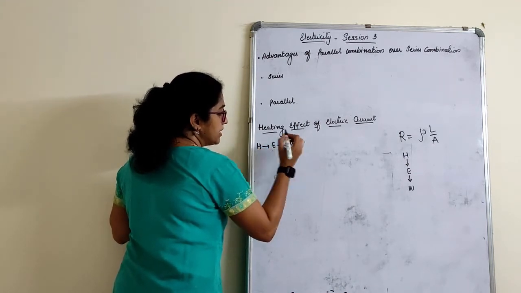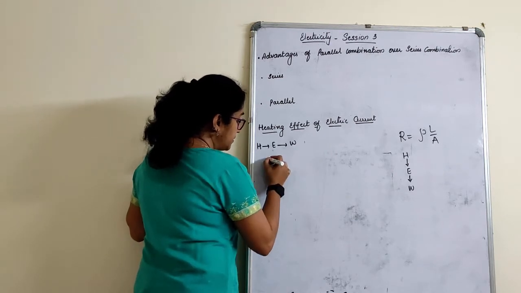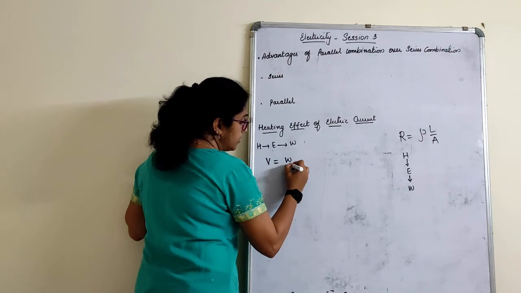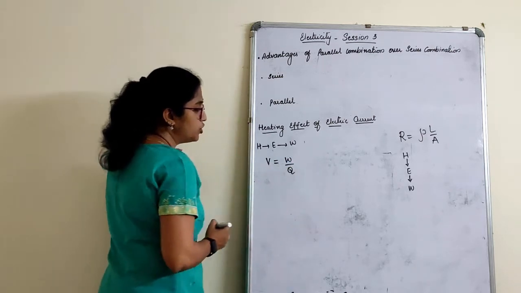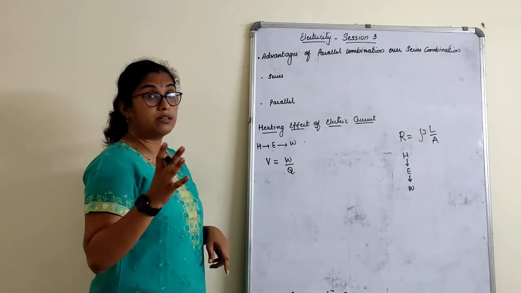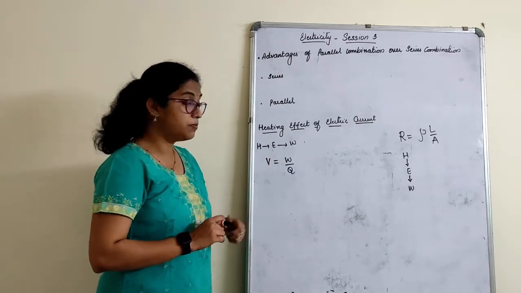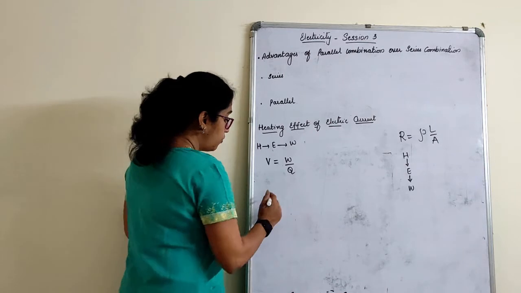Energy is capacity to do work. So if you remember, potential difference is nothing but work done in moving a unit charge from one point to another. Potential difference formula: V is equal to W by Q.